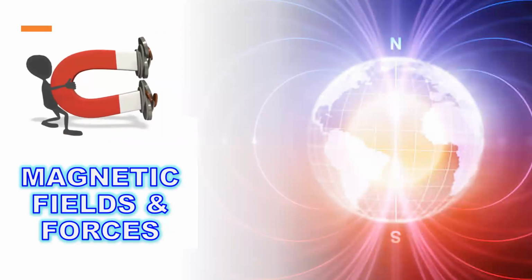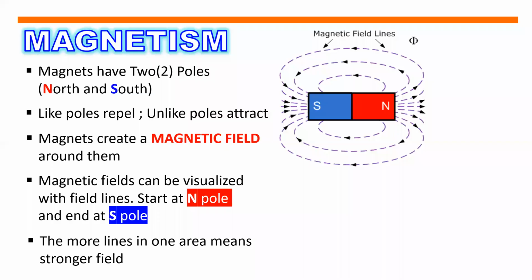Today we're going to discuss magnetic fields and forces. So this is part 1 of our lesson. So, magnetism. We all know that magnets have two poles, the North Pole and the South Pole.